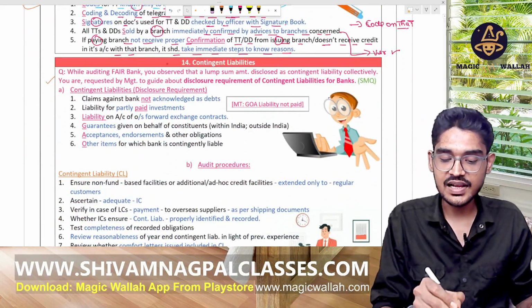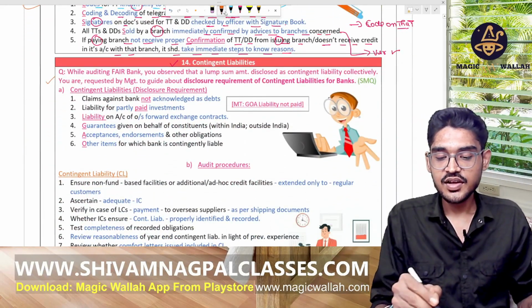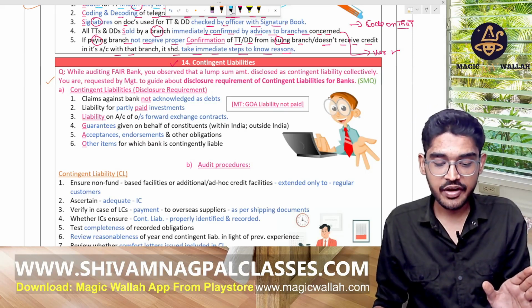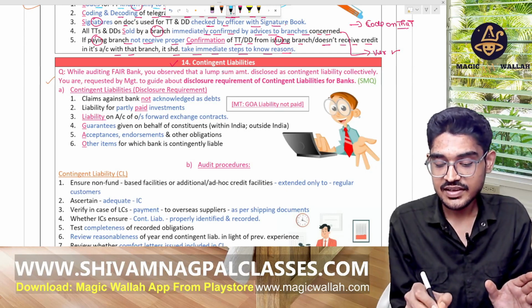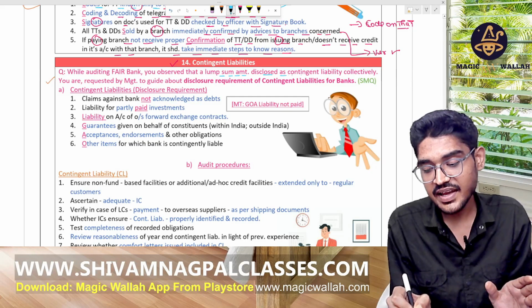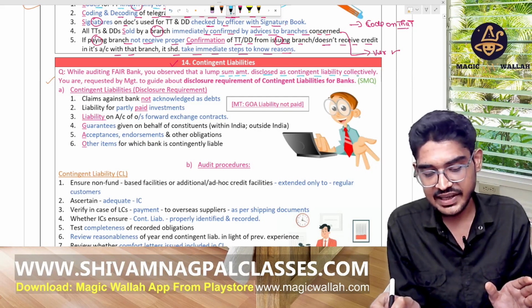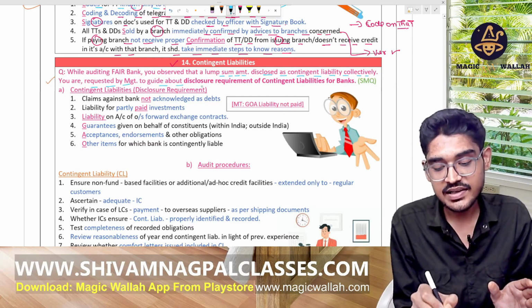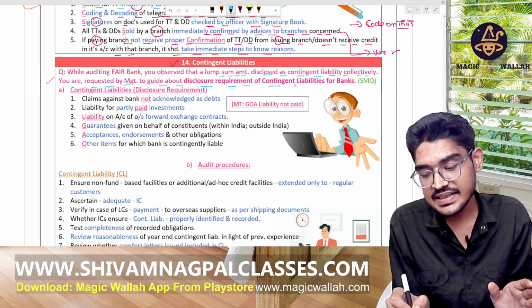Now this is also important. Contingent liabilities. While auditing the bank, you observe that some lump sum amount is disclosed as a contingent liability collectively. You are requested by the management to guide about the disclosure requirement of the contingent liability of the banks.